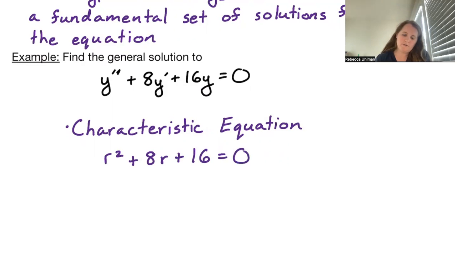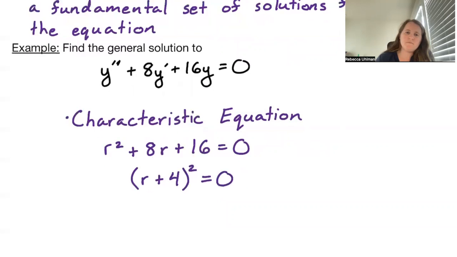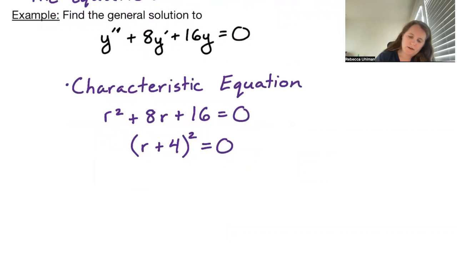This left-hand side factors as (r plus 4) squared equals 0. So r is -4 is our repeated root. We have r1 equals r2 equals -4.